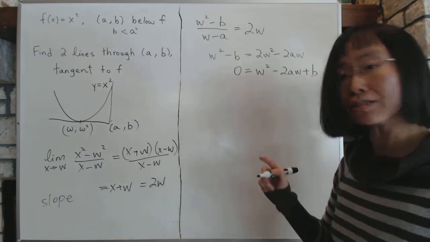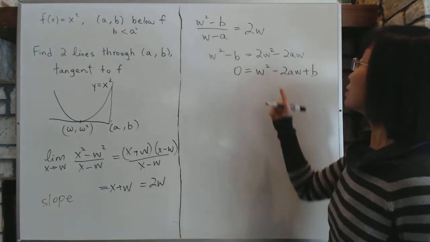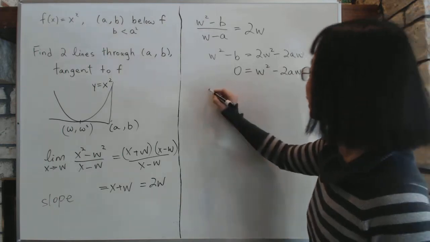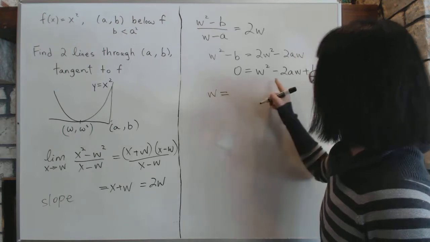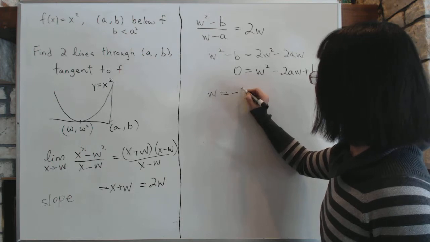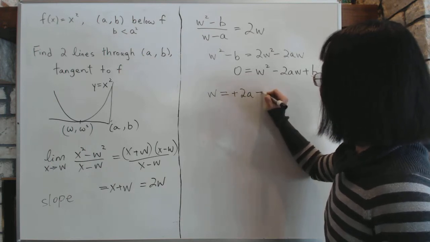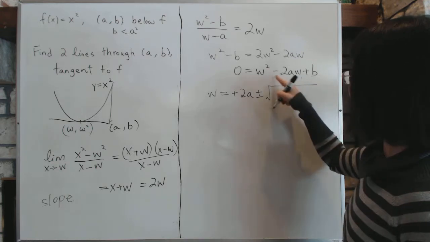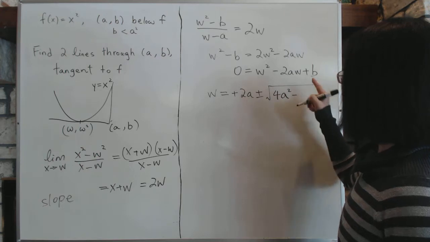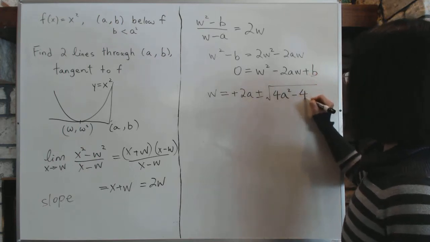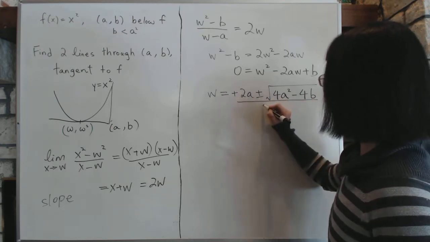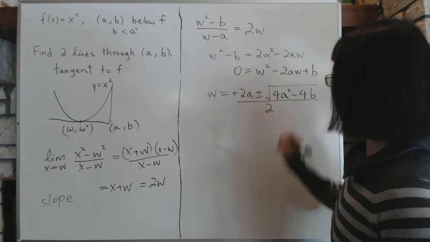That is a quadratic equation. Remember, a and b are just constants, so w is the only thing we care about. Applying the quadratic formula from algebra, we get w equal to minus the coefficient, which gives plus 2a, plus or minus the square root of the coefficient squared, that's 4a squared, minus 4 times 1 times b, so minus 4b, all divided by 2 times the coefficient of w squared, which is just 2.